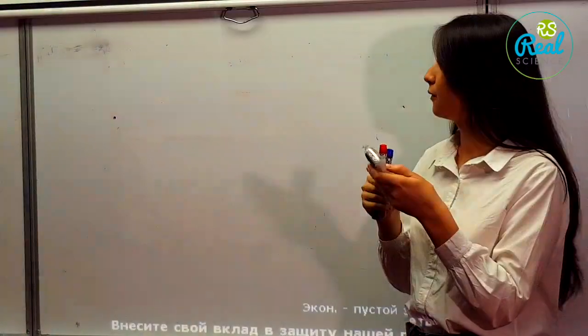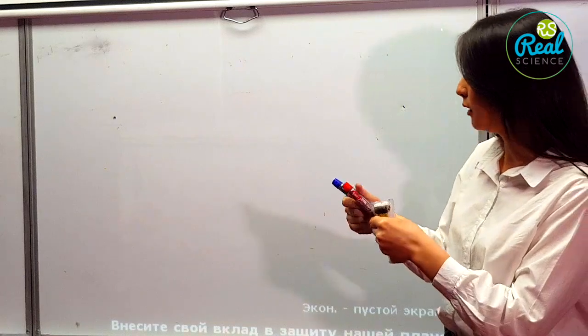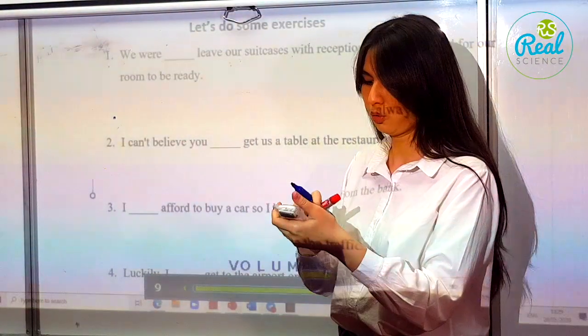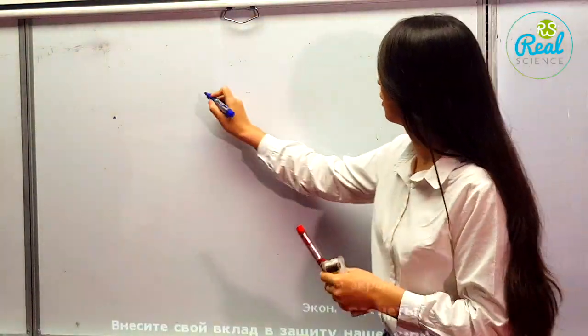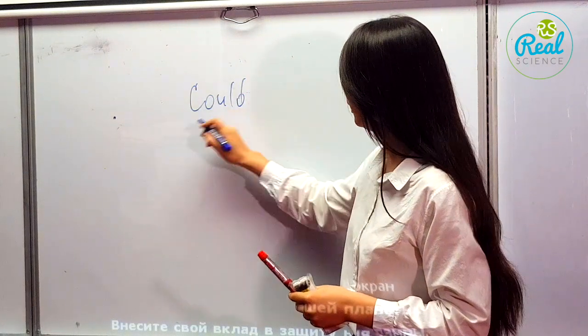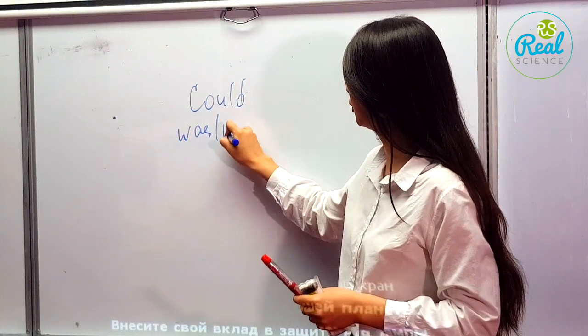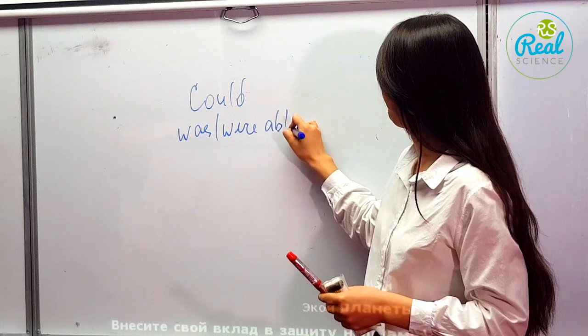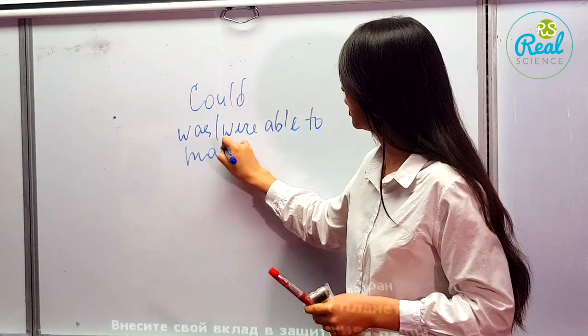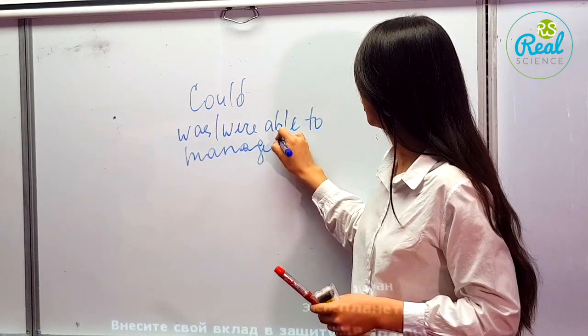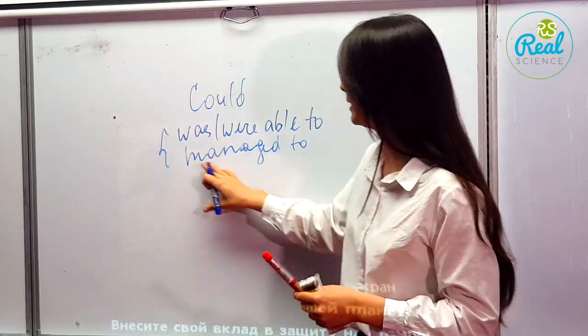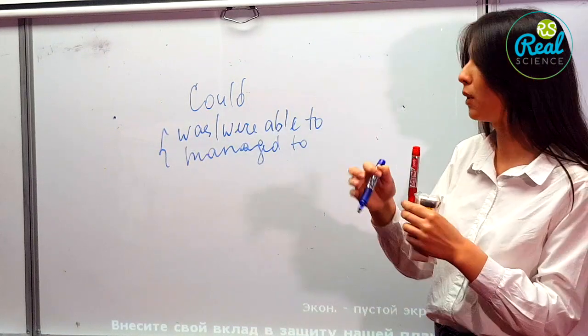Okay, so we have the modal verb could, and we have was, were able to, and we have managed to. Managed to and were able to are the same. Two of them are the same, okay?